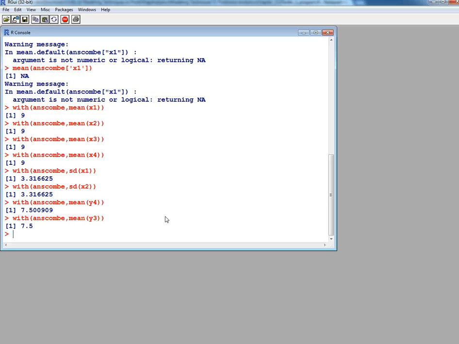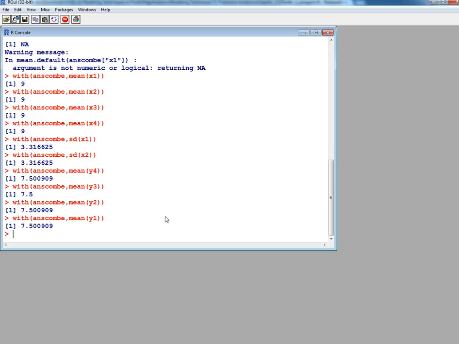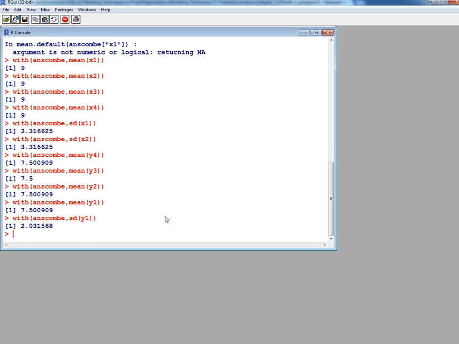Okay. How about the standard deviation for the different y's? Okay. All right, you getting the picture?